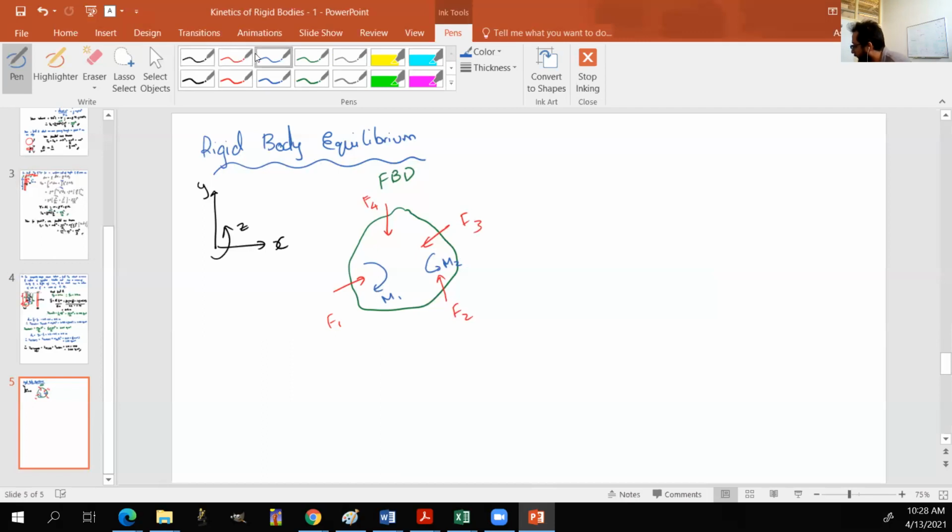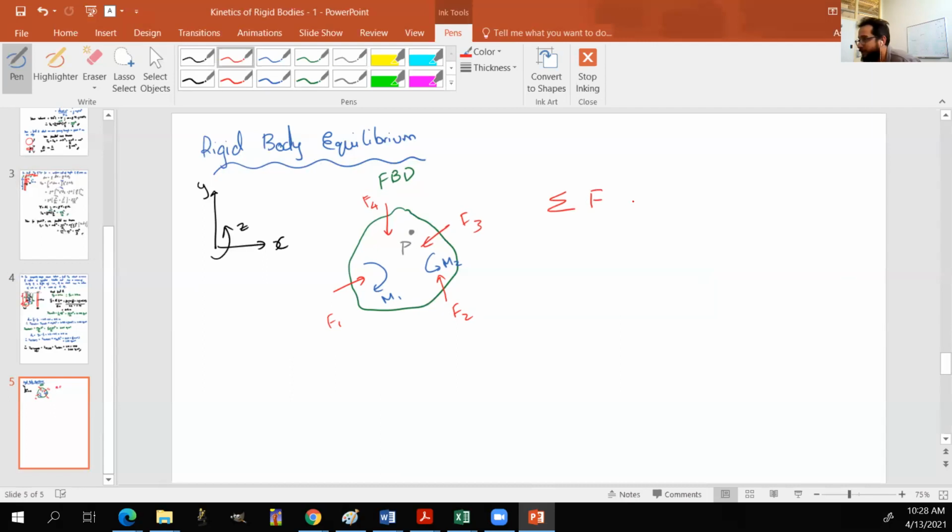And let's define a random point P within the body, right? So from static equilibrium, from rigid body equilibrium, which is the same thing as static equilibrium, and we've done this when you looked at statics, right?